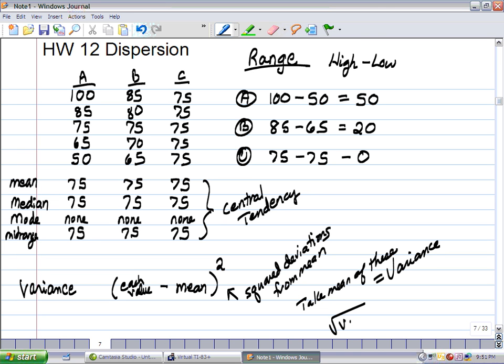We're going to take the square root of the variance, and that's going to equal our standard deviation.